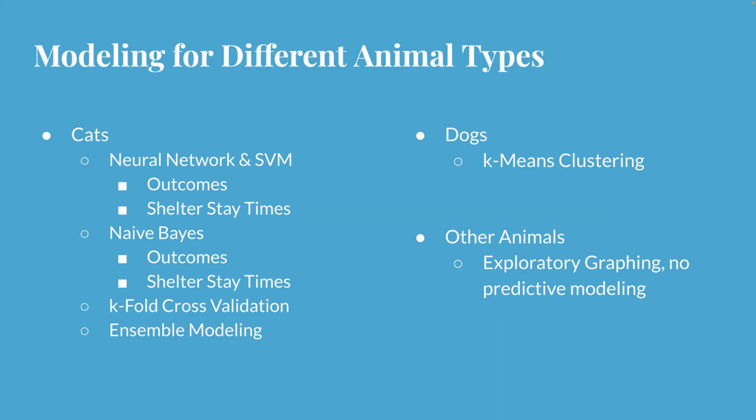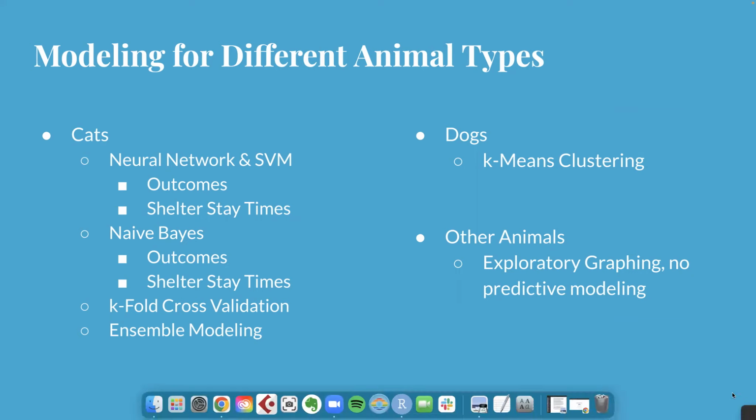I ran a k-fold cross-validation, and I performed the ensemble model on the cats data. And then for dogs, I did some k-means clustering because much of the data was already one-hot encoded in the data set, which made it easy to do the clustering. And for other animals, I just did some graphing with no actual modeling involved.